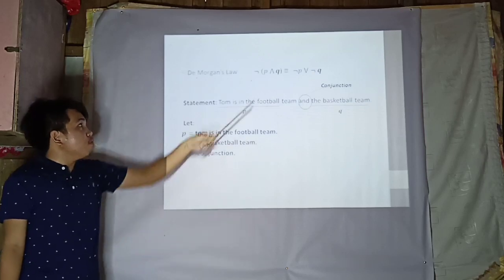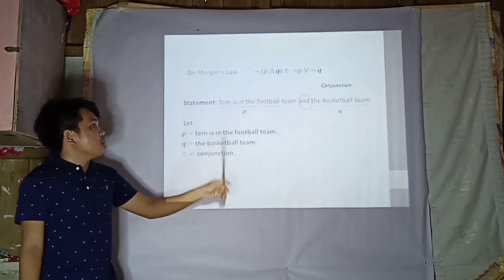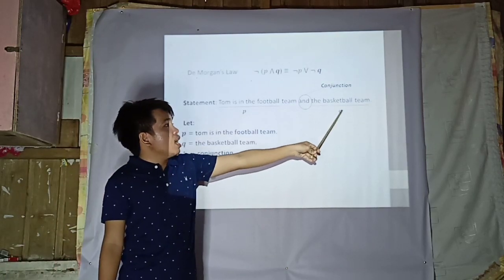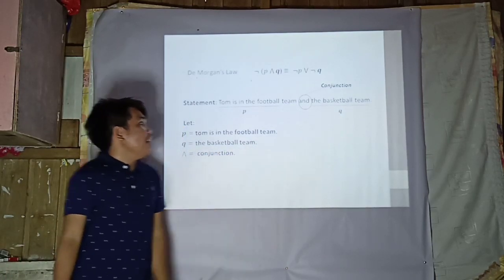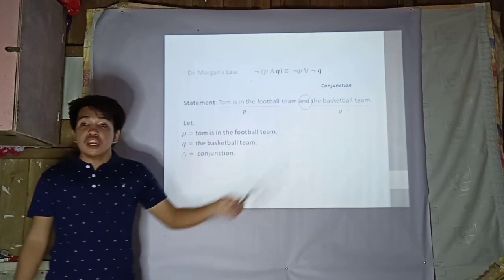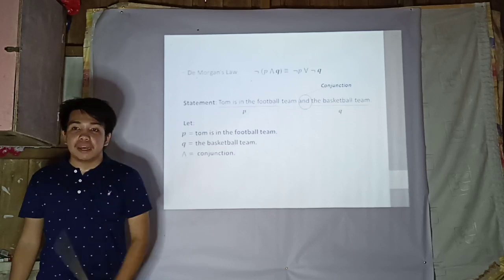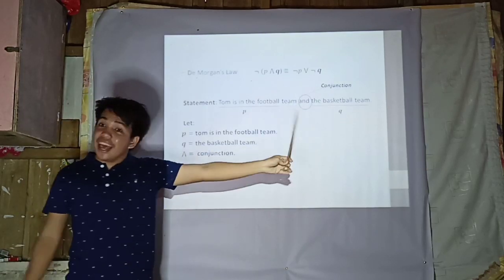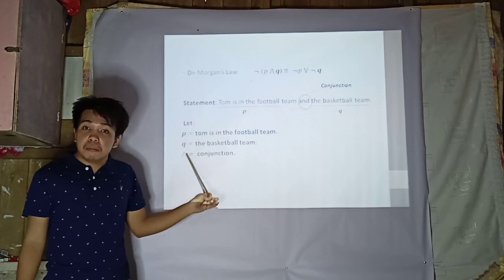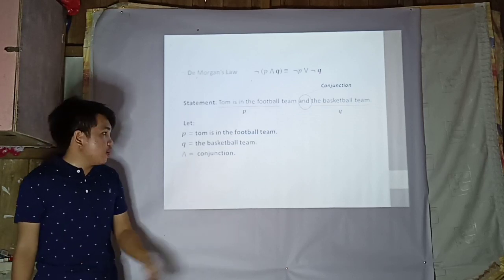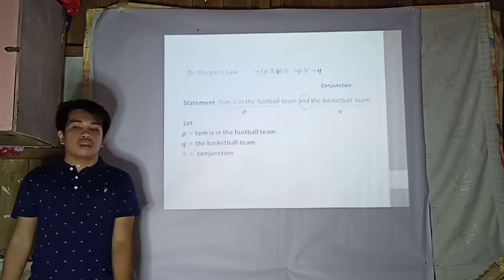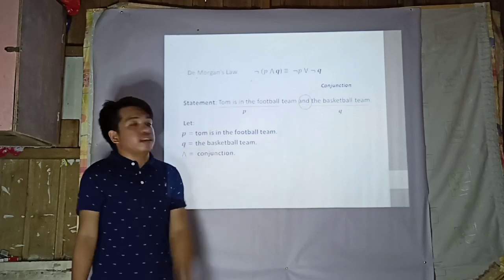So we need to follow the formula, the P and then the Q. The Q here is the basketball team. We notice that the logical operator used in this statement is "and". "And" is a conjunction. So write the symbol of an "and" logical operator and then write the conjunction.